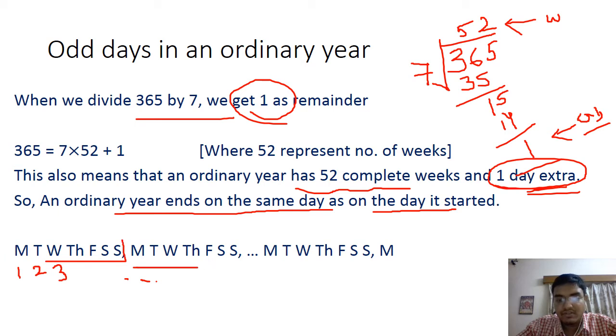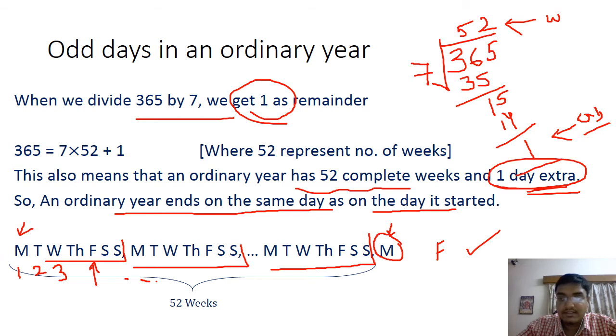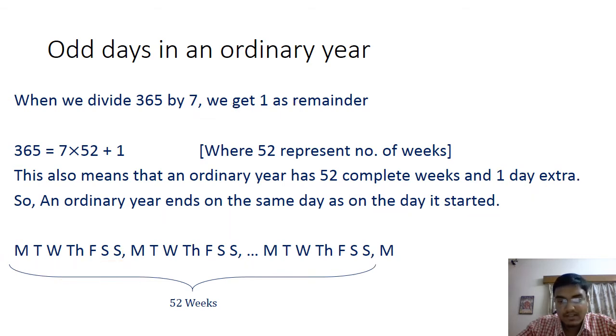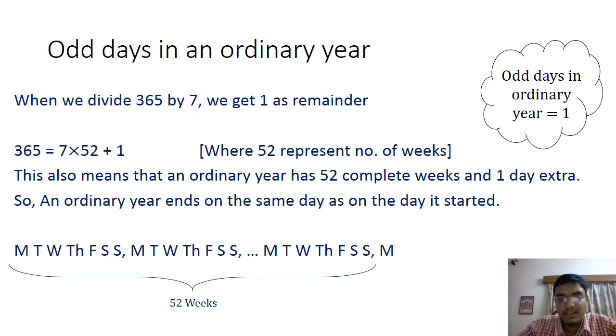First week is finished, this is our second week and so on. So the 52nd week will finish here, and we have 1 extra day, that is Monday. So this will be the same day as it was when our year started. If our year had started on Friday, the last day would have been Friday, right? So this is 52 weeks and this is 1 extra day. So odd days in any ordinary year is equal to 1.